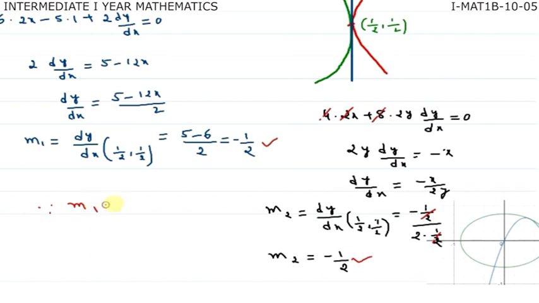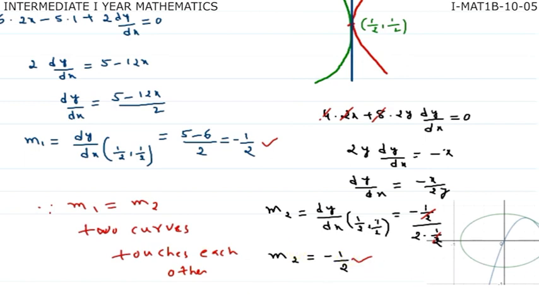Since m1 is equal to m2, two curves touch each other. This is the problem. Proof is completed. Simple problem. Since the point is given, we are able to calculate the problem easily.